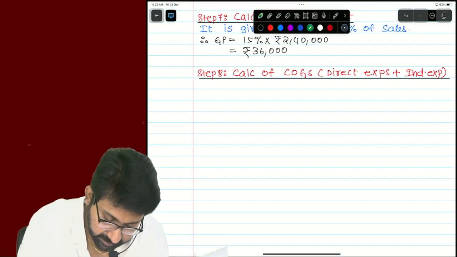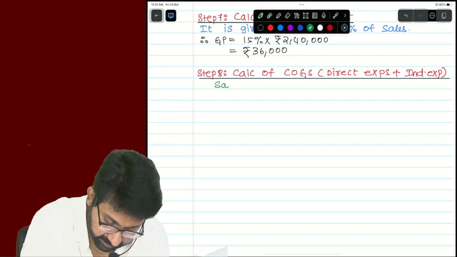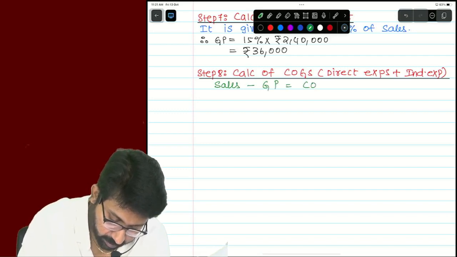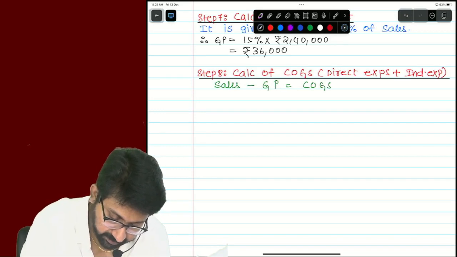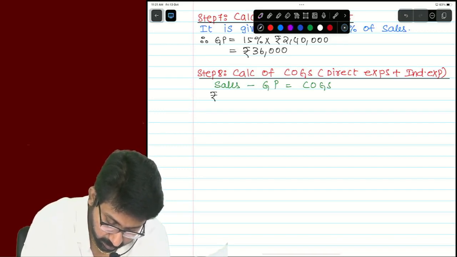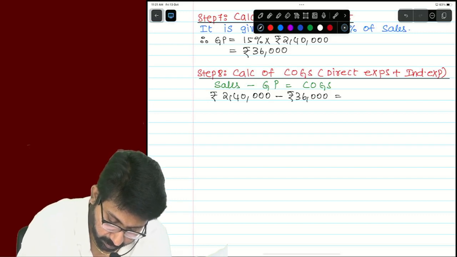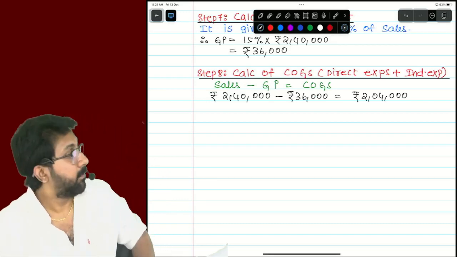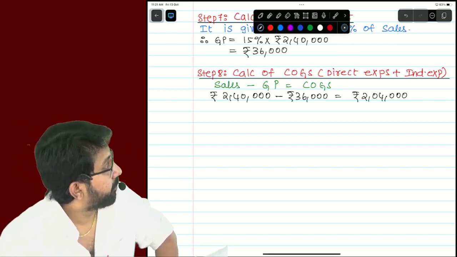What is the COGS value? Sales minus gross profit will be the cost of goods sold. What is the value of the sales? 2,40,000 minus GP, how much? 36,000. Total 2,04,000.